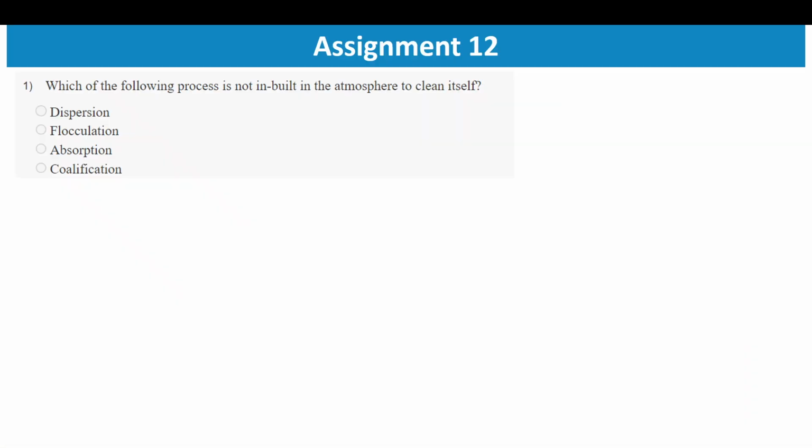The first question is which of the following processes is not inbuilt in the atmosphere to clean itself? Okay, so if I list down the self-cleaning abilities of the atmosphere, different mechanisms involve dispersion, flocculation, absorption, and rain washout.